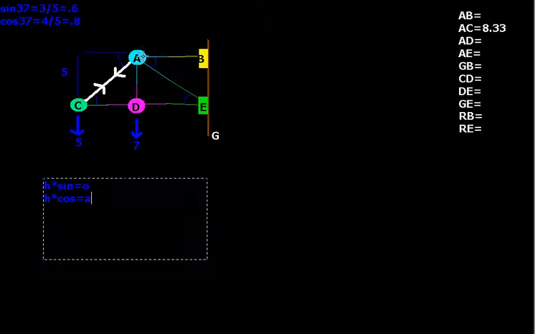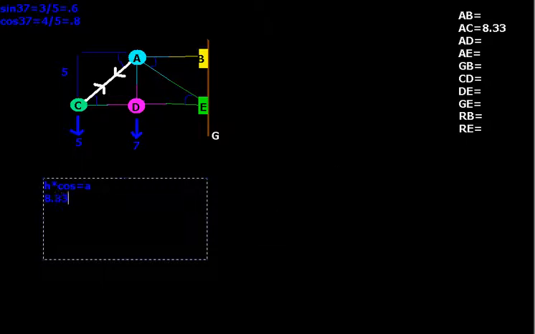Our adjacent is kind of like our length, and our opposite is kind of like our height. We want our adjacent, so we are going to use h times cosine is equal to a. What's our h? Our h is our hypotenuse, that's our AC.